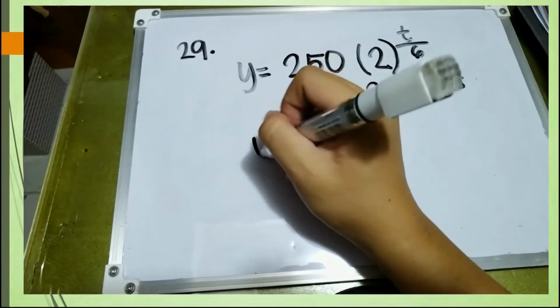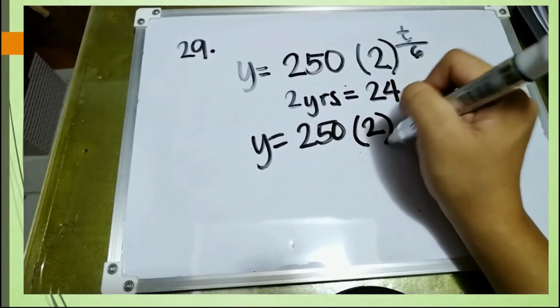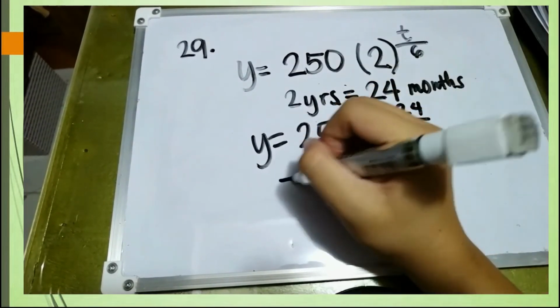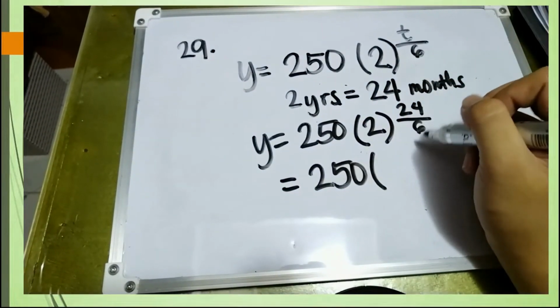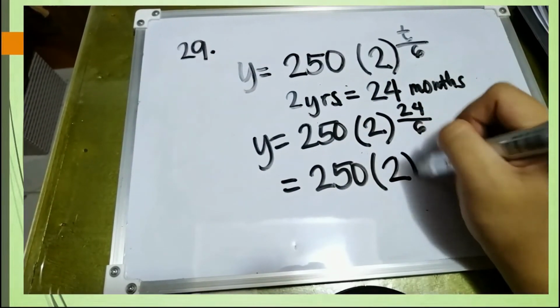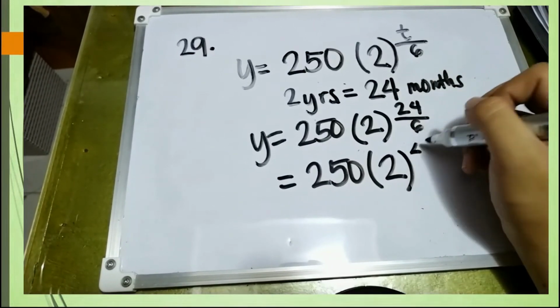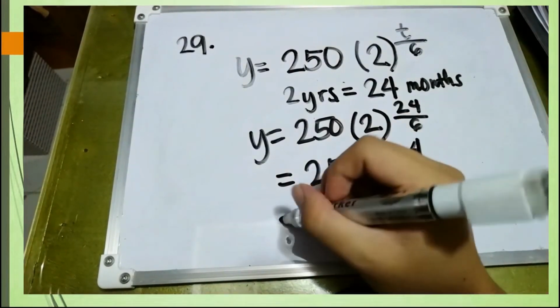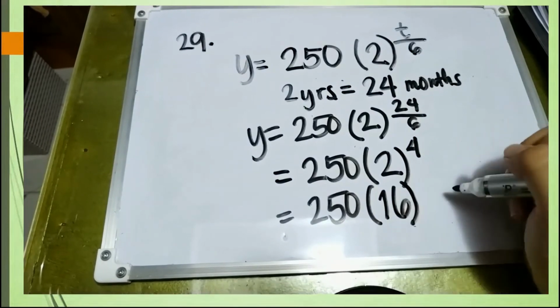So y is equal to 250 multiplied by 2 to the power of 24 over 6. 24 over 6 is 4, so 250 multiplied by 16.